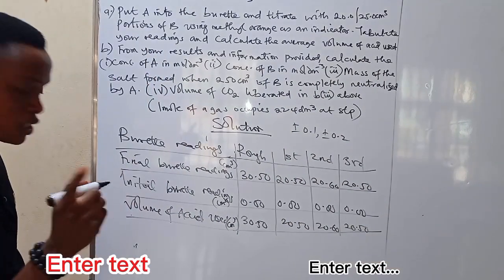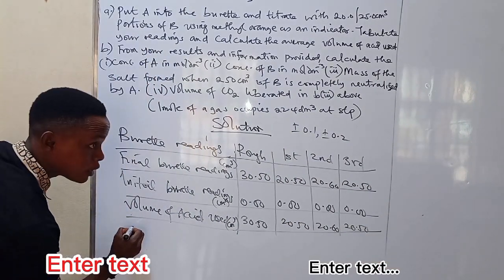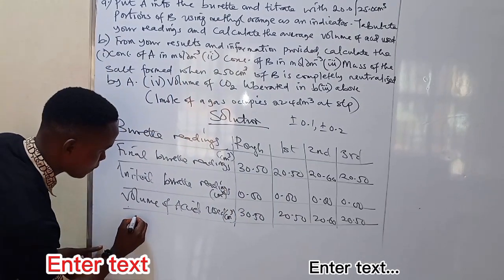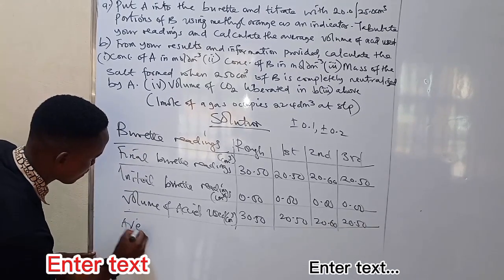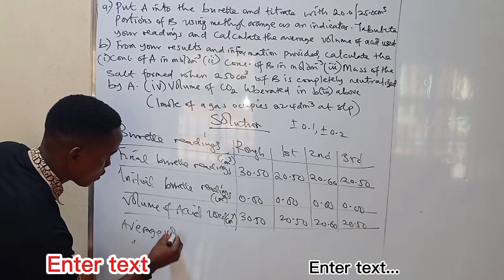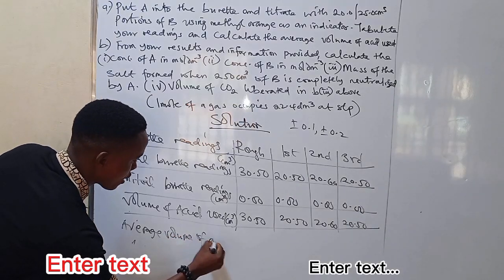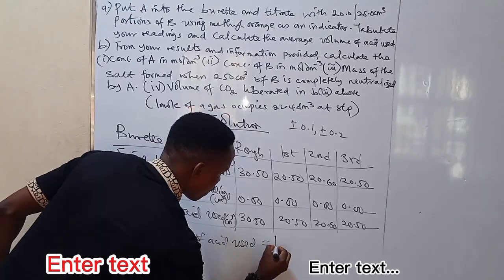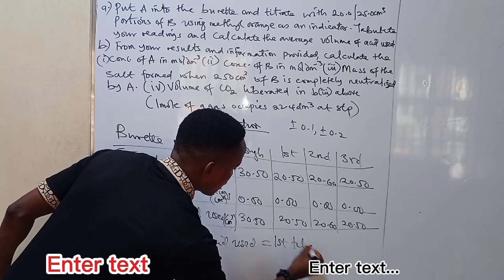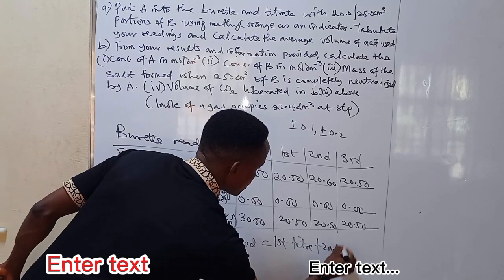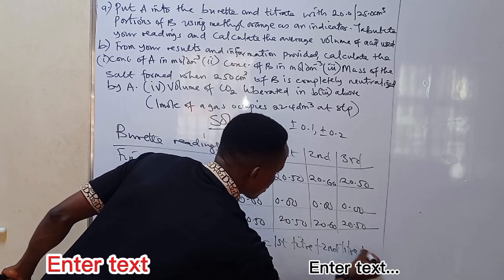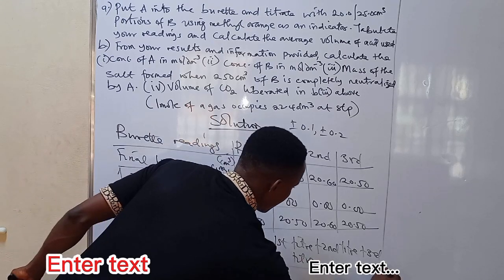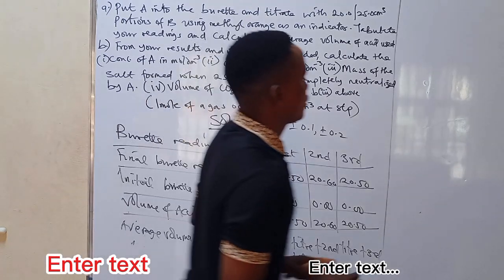The average volume of acid used is calculated using the formula: average volume of acid used equals first titre plus second titre plus third titre, divided by 3.